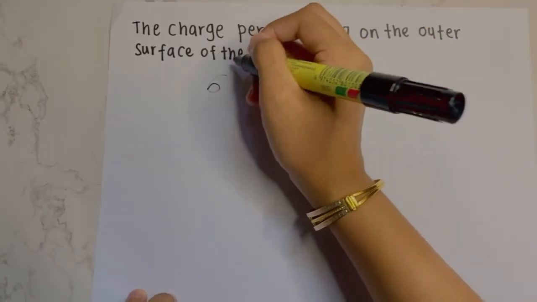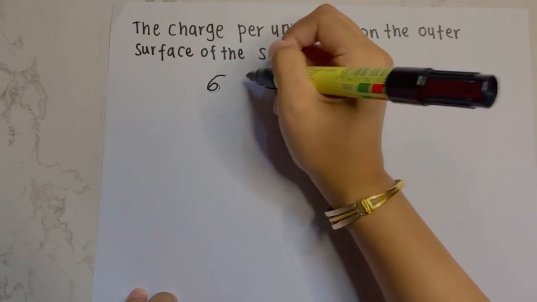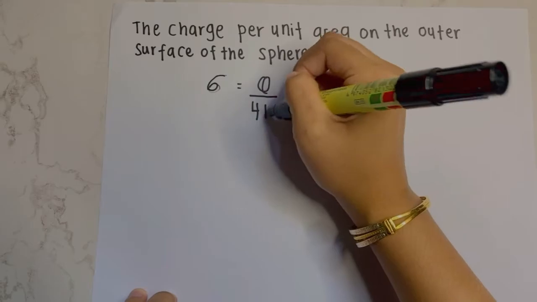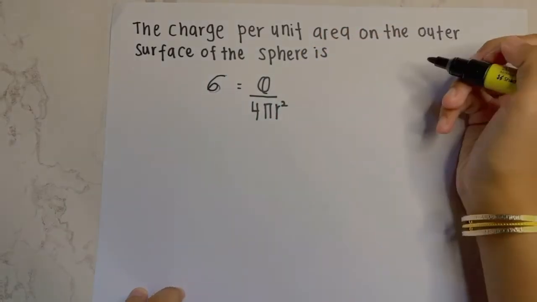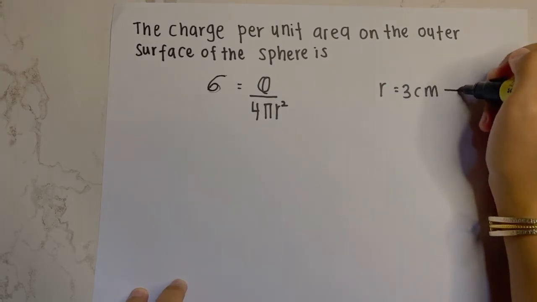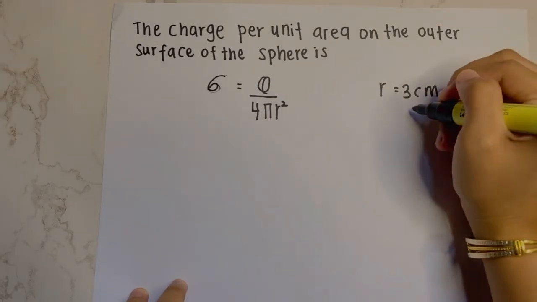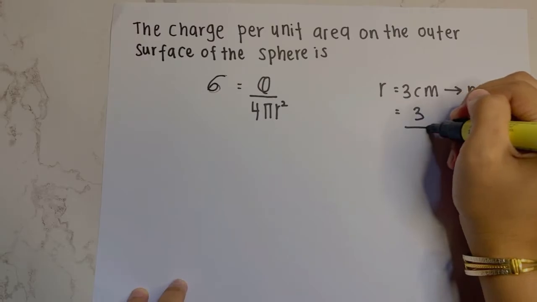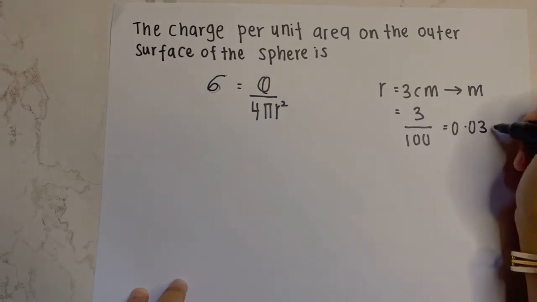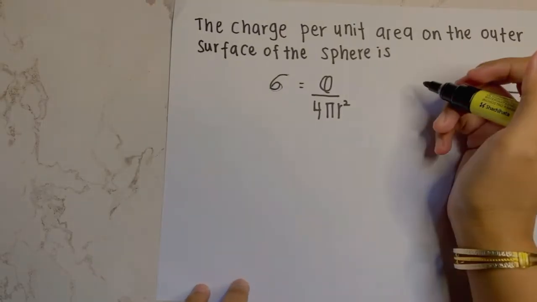Next, we need to find the net charge per unit area on the outer surface of the sphere. As usual, sigma equals charge over 4 pi r squared. For the outer surface, the radius is 3 cm, which I convert to meters by dividing by 100, giving 0.03 meter.